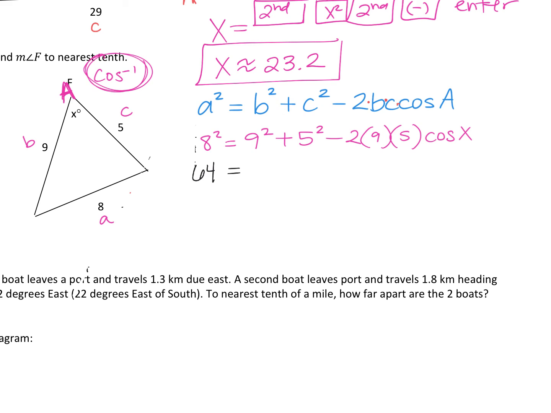So what you want to do is this. You want to take these, and you can combine that. 9 squared plus 5 squared is 106. Okay, minus, and you can even combine all this. 2 times 9 times 5 is 90 times the cosine of x.